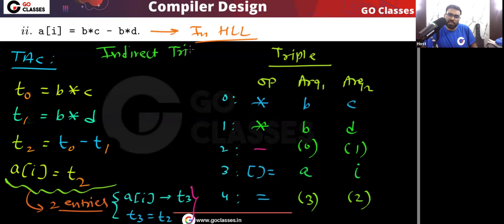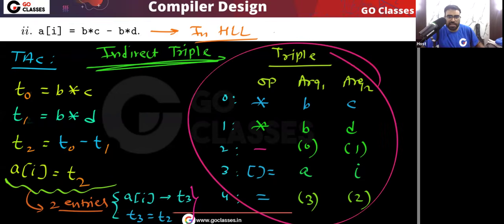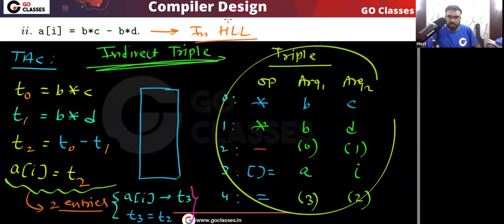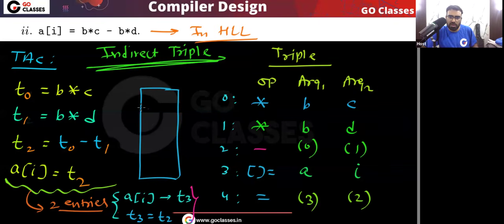Once we have the triple representation, we can also find the indirect triple representation. In the indirect triple representation, the triples will be as they are, and we also need to put the execution order, because remember, in the indirect triple representation we separate the triples from the execution order. So this is the execution order.